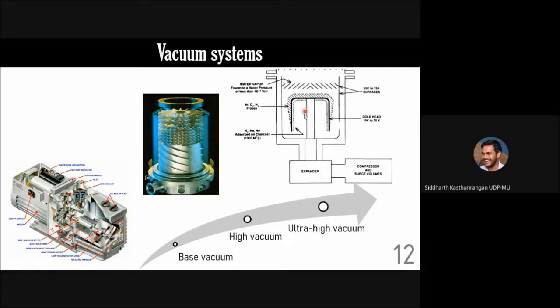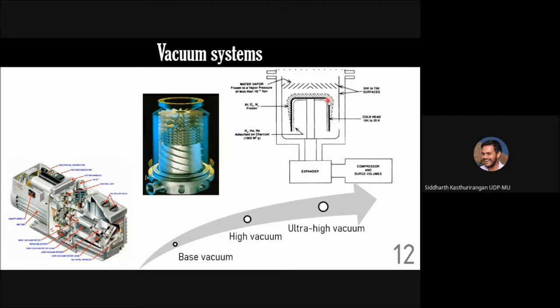What is done is that this thing is cooled down to cryogenic temperature, extremely low temperatures. So any gas molecule which comes there just gets deposited on this and becomes frozen like an ice. So you can get argon ice, oxygen ice, nitrogen ice on this particular cold head.